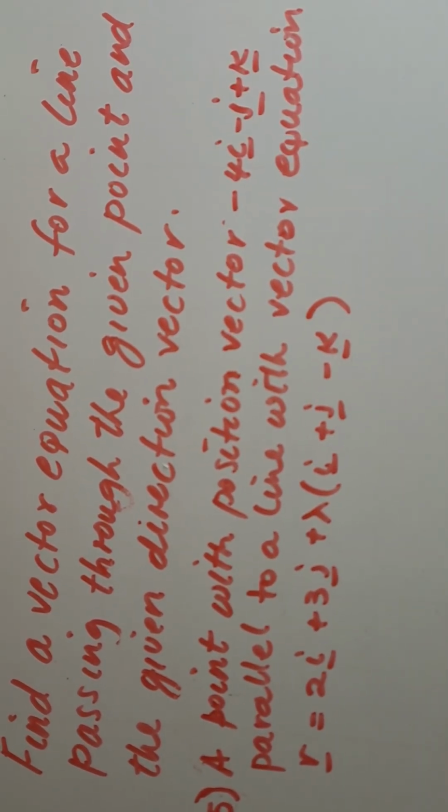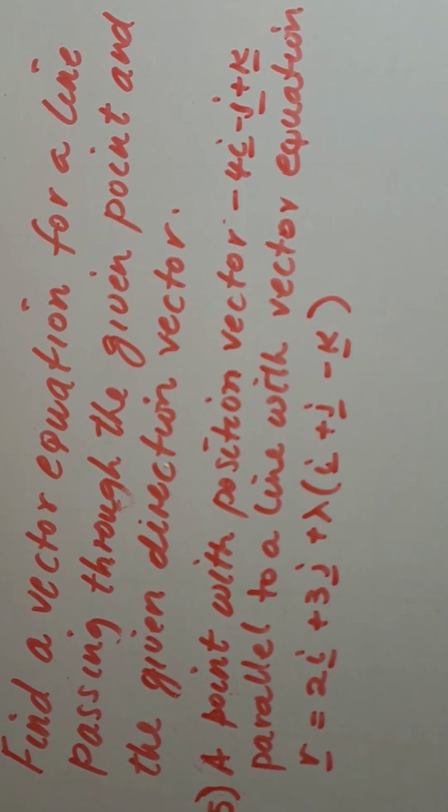And lastly, our problem is a point with position vector minus 4i minus j add k parallel to a line with vector equation r equal to 2i and 3j add lambda into i add j minus k.